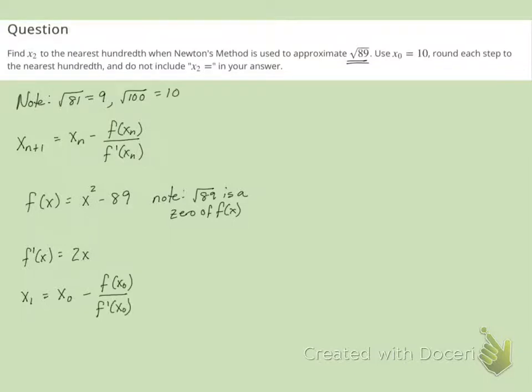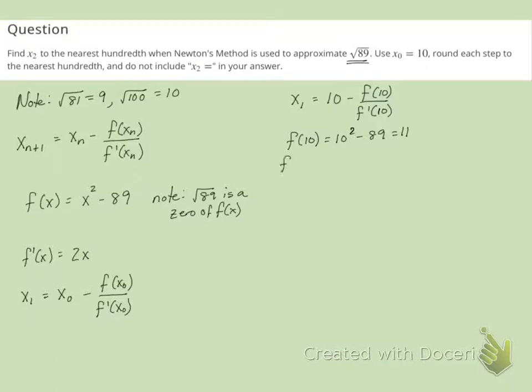And our x sub 0 is 10. So x sub 1 is going to equal 10 minus f of 10 over f prime of 10. So if we find f of 10, we will get 10 squared minus 89, which is 11.